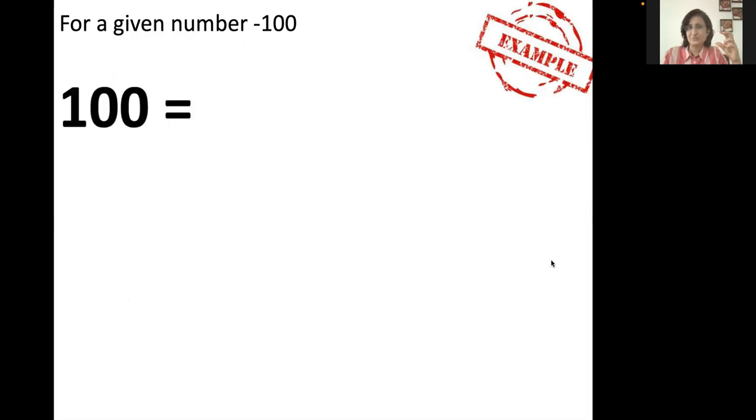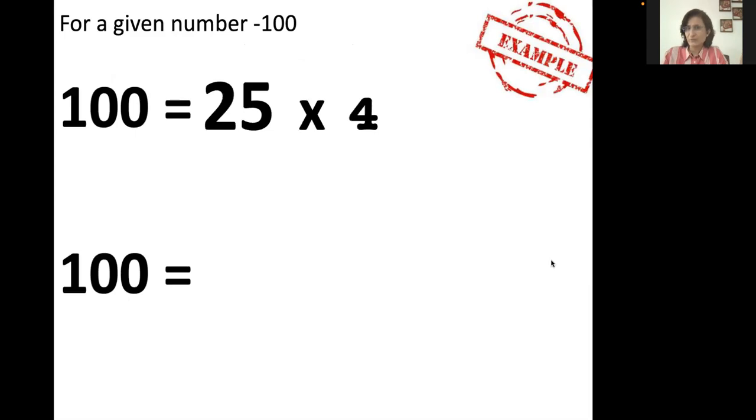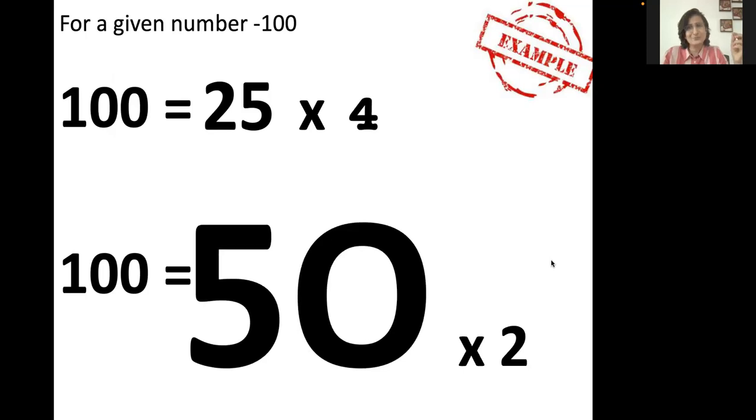Let's understand this by a very simple example. For example, you have a fixed number 100, which is equal to 25 into 4, or it can also be 50 into 2, or it can also be 100 into 1, or 1000 into 0.1.